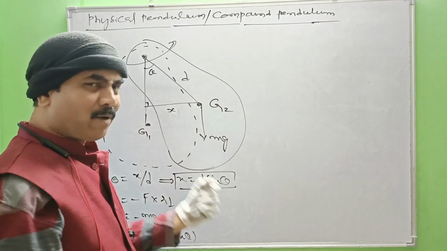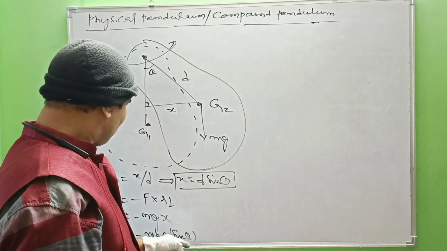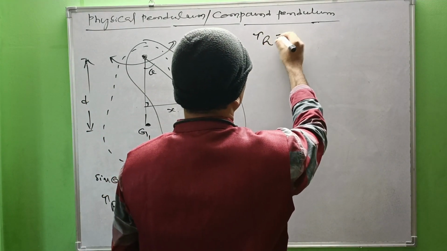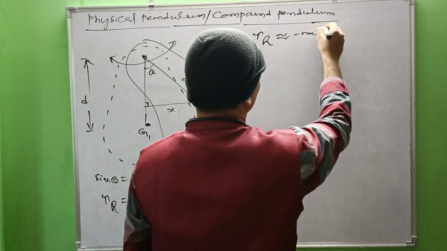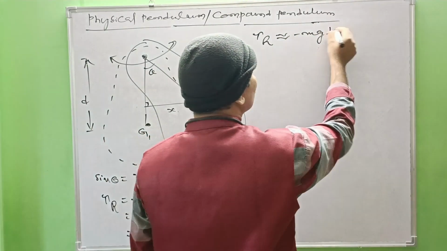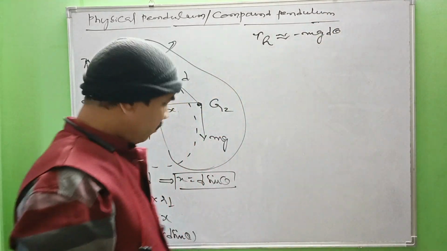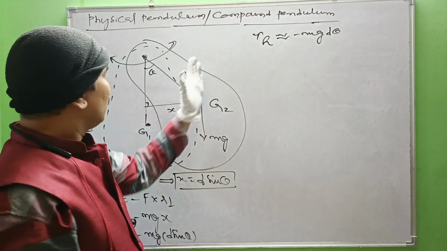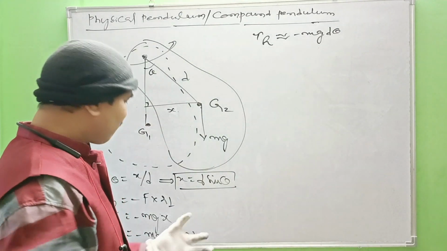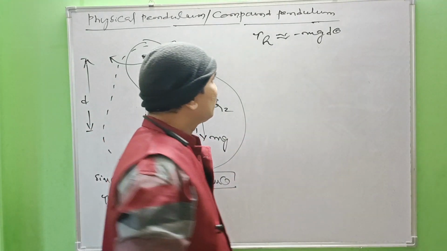This is one approximation we should remember: tau restoring is approximately equal to minus mg d into theta. So instead of sin theta, we can take theta when the rigid body oscillates with a small angular amplitude.